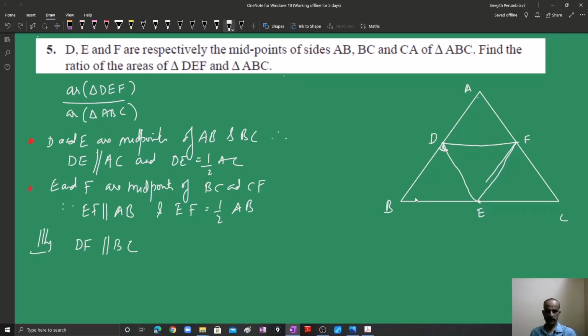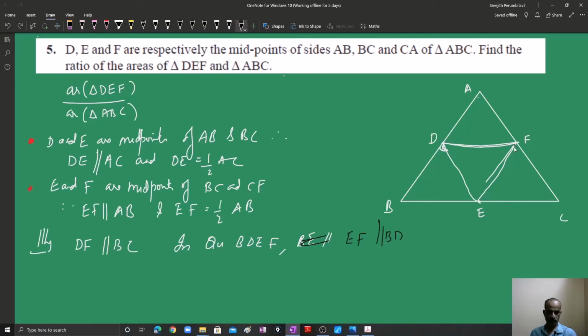Now when you look at this figure, I can say that in quadrilateral BDEF, EF is parallel to BD.